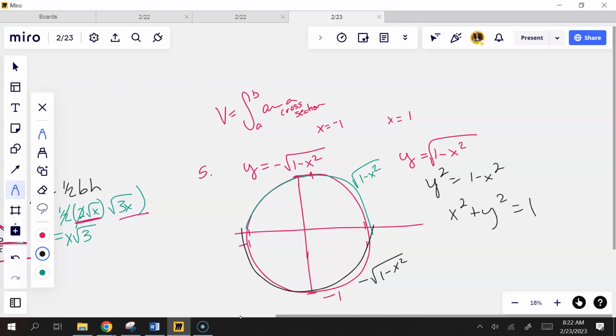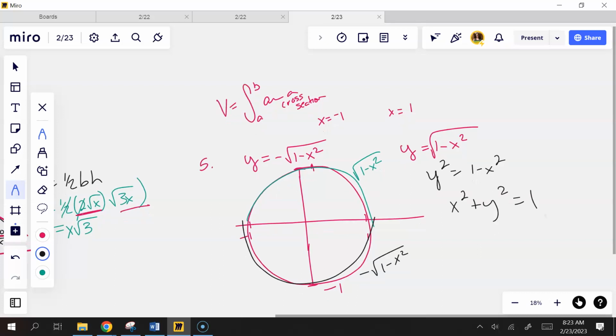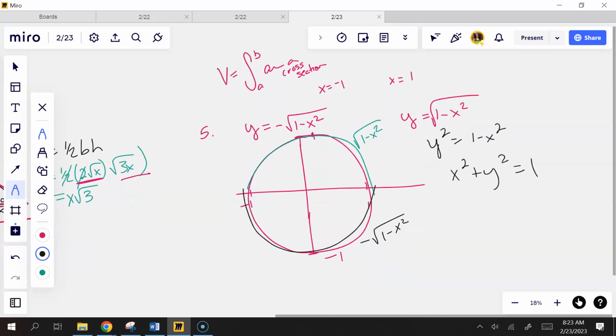All right, so now what I want to do, this is a non-calculator problem, by the way. Remember the hardest part is finding the area of the cross-section. So I need the area of a square whose side runs from one semicircle to the other. So there's my side length. Y'all okay there?